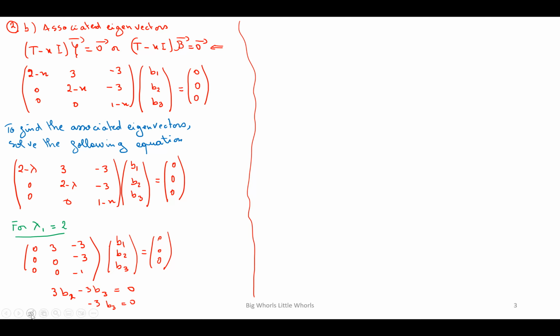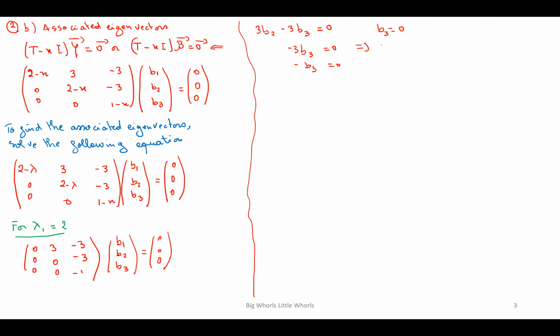Let me go to next. So that I can write all of them together. So here we have 3b2 minus 3b3 equals to 0. And minus 3b3 equals to 0, and minus b3 equals to 0.